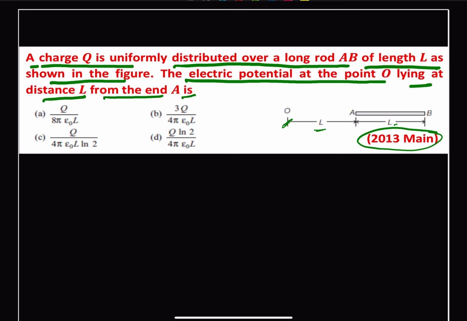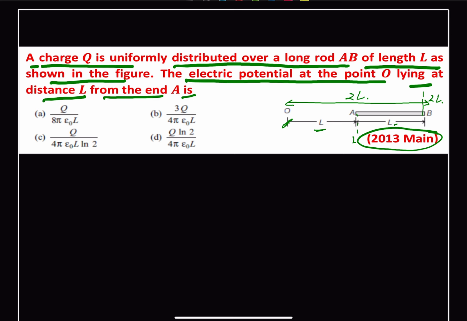We have a rod of length L and we have to find out the electric potential at the distance L. If we measure the distance with respect to this point, we are going to get this as 2L. So this end will be our 2L and this end we already know is our L, because this is going to help us in the integration part.